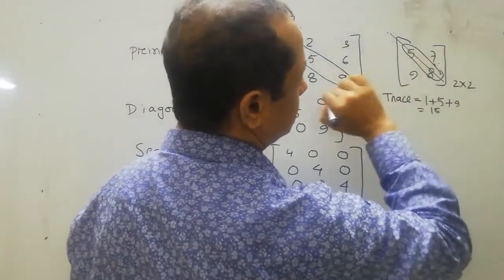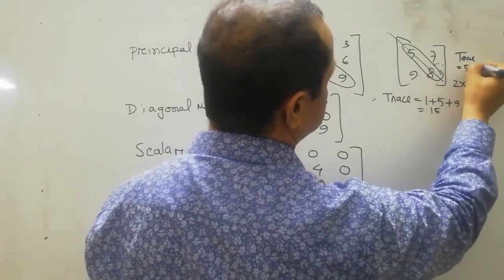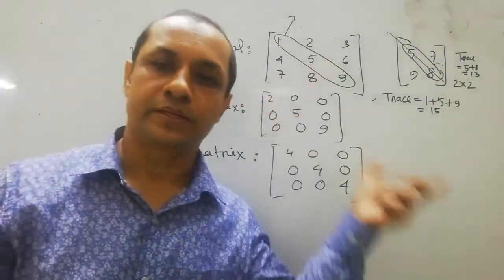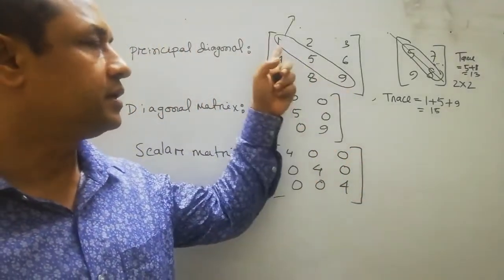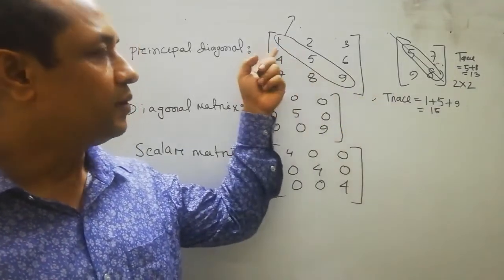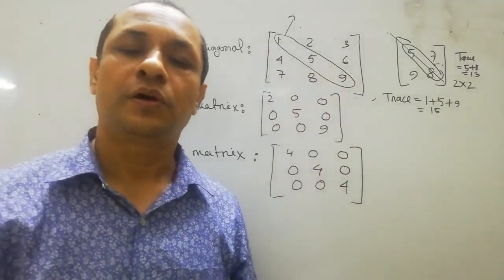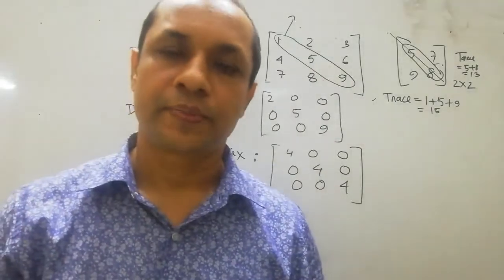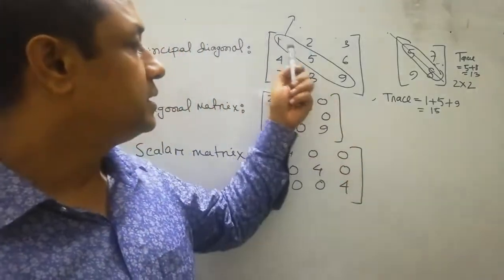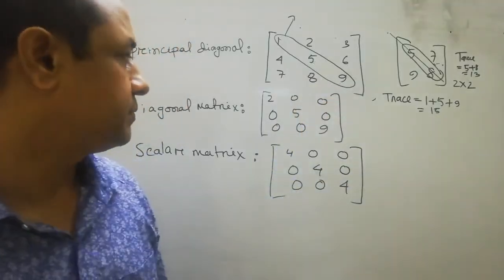Then what is the trace of the other matrix? Trace equals 5 plus 8 equals 13. What do you mean by trace of a matrix? The sum of all entries in the principal diagonal. So here the trace is 1 plus 5 plus 9, equals 15.